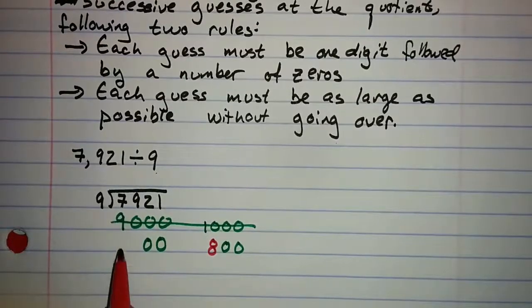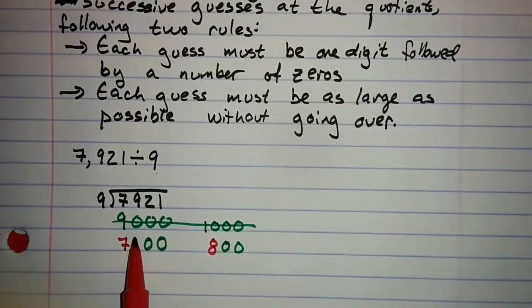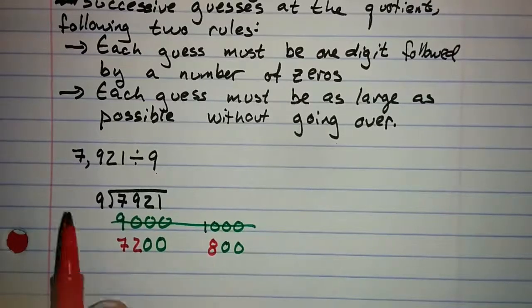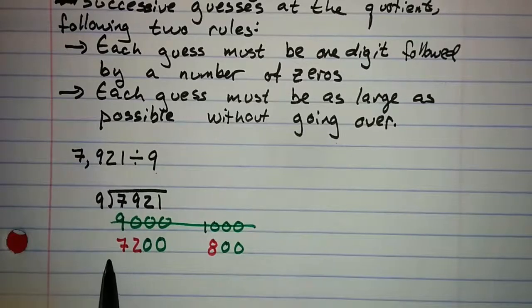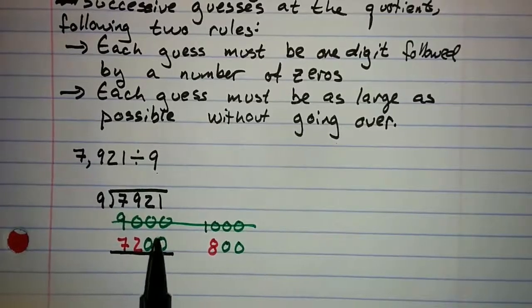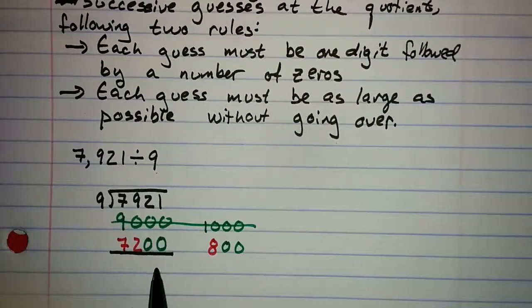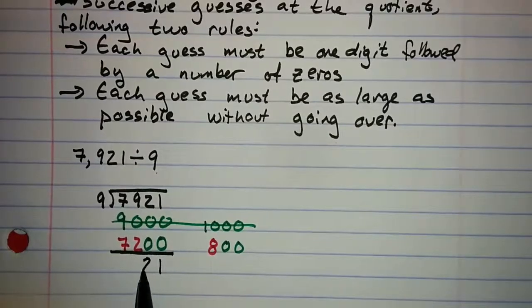I have 8 times 9 is 72, so 800 times 9 is 7,200. Of course, I subtract. 1 minus 0 is 1. 2 minus 0 is 2. 9 minus 2 is 7. Right?